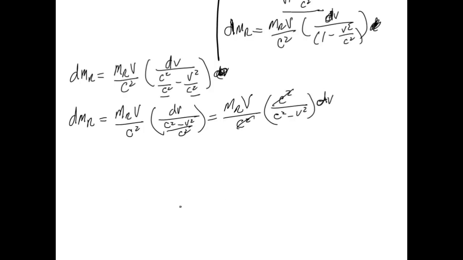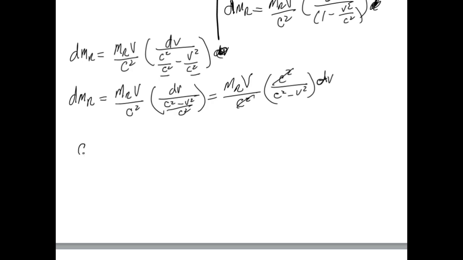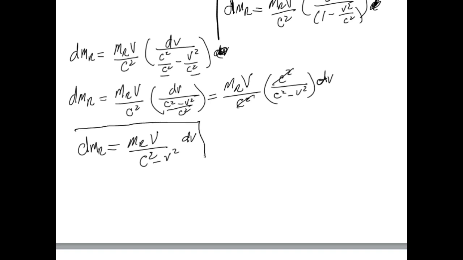So now I can rewrite this equation as change in relative mass is equal to mr, my relative mass times velocity, divided by c squared minus v squared, and dv, and that's the equation that I end up with.